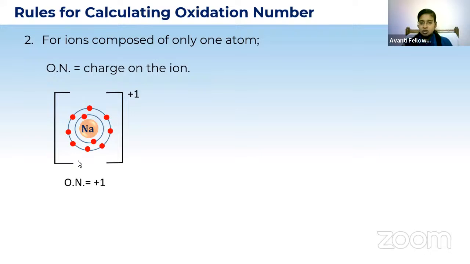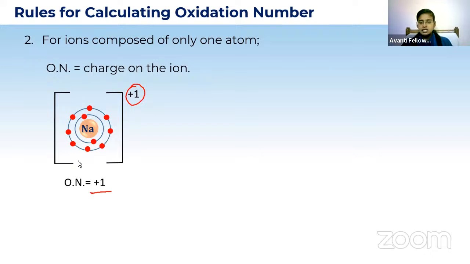It is a cation, and this cation has only one atom, which is Na. Right? It is a single atom. So if it has only one atom in its ion, then the charge on the ion is equal to the oxidation number. The charge on the ion is +1. So that is the oxidation number of this ion.